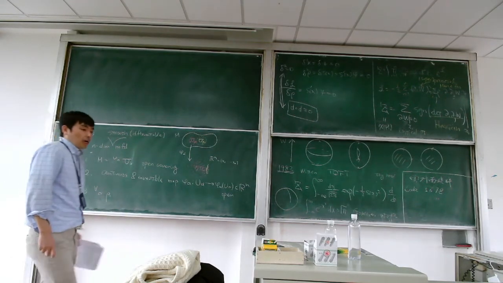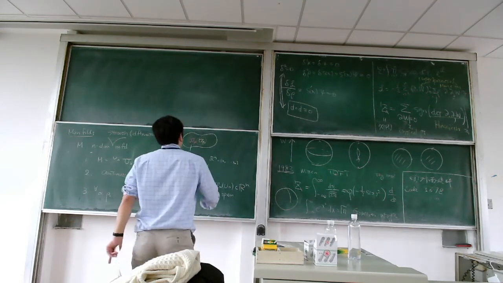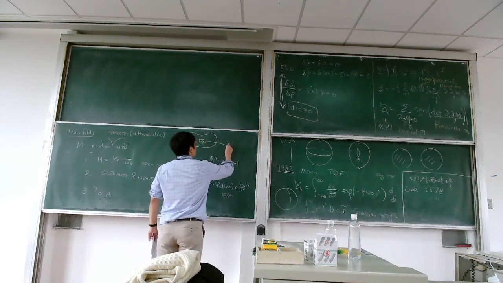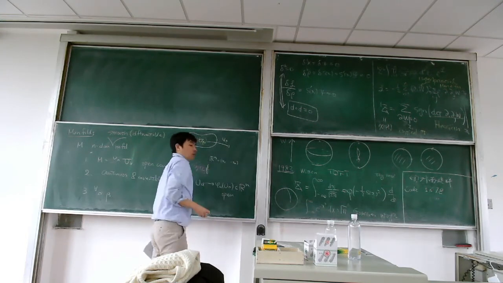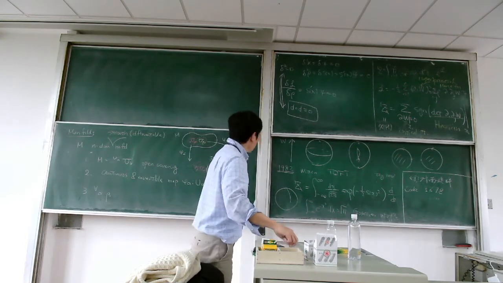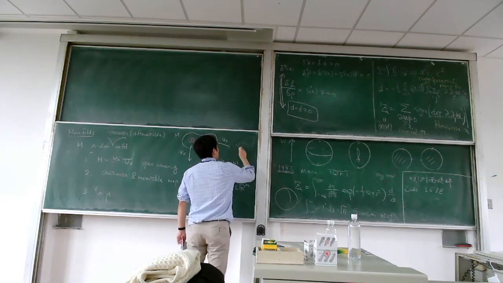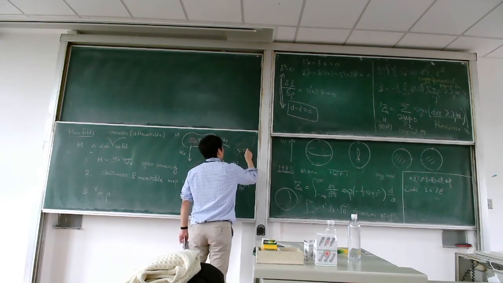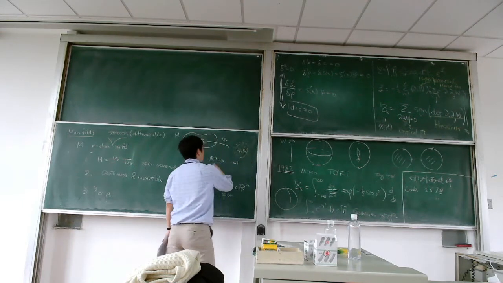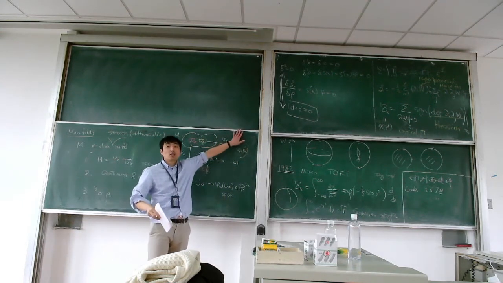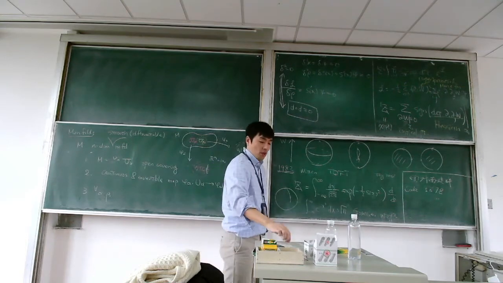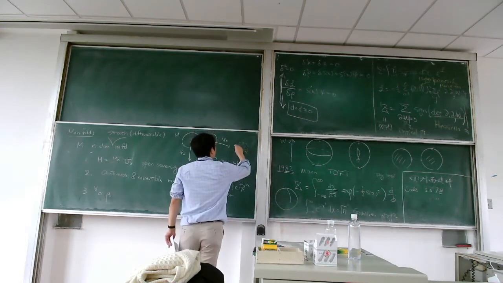So then you get another map phi beta, which again maps U beta to an open region, another patch inside another Rn, and there's an overlap region here.